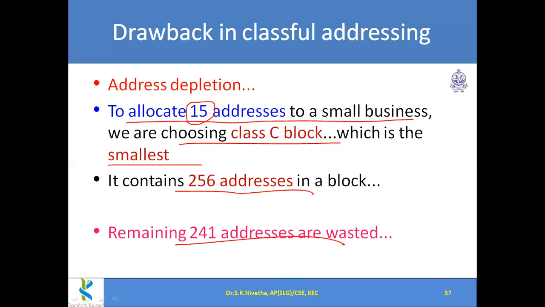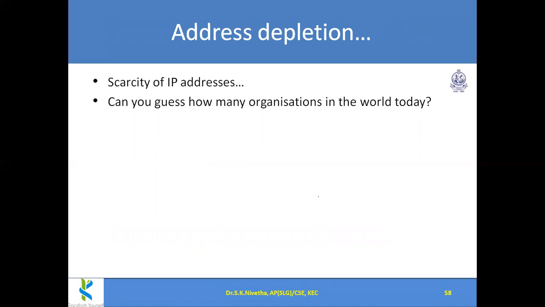So nowadays we are following the classless addressing model. Classless addressing is derived from the concept of classful addressing. Address depletion means scarcity of IP addresses.